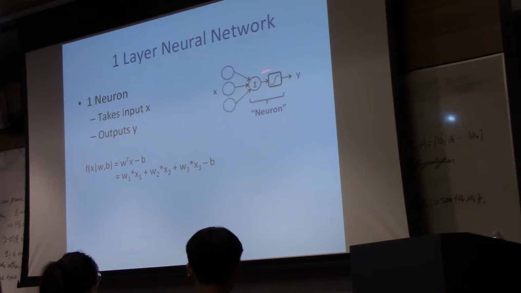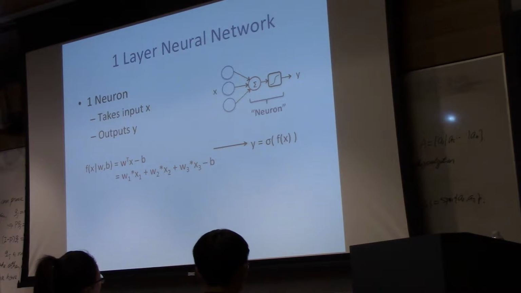What is this function? Well, it's typically a linear function. You have a weight vector for the inputs, and then you have a bias term, and then you output a score. So it's actually a linear model, and this output score typically has an S-shaped transform. As the score gets really large, you have maximum activation. As the score gets really negative, you have 0 activation.